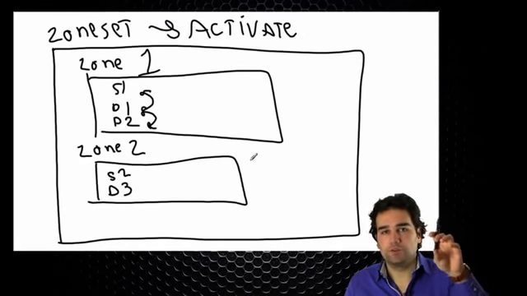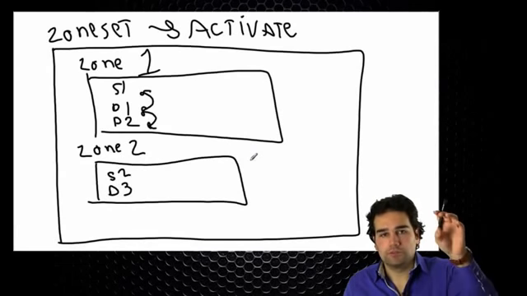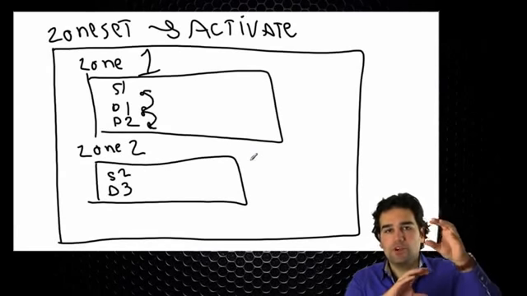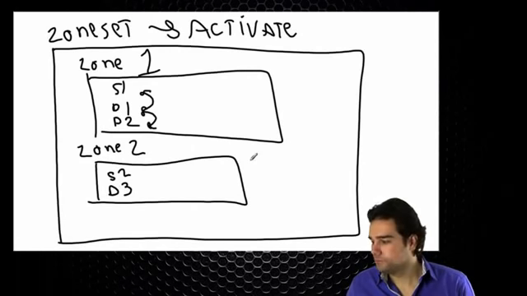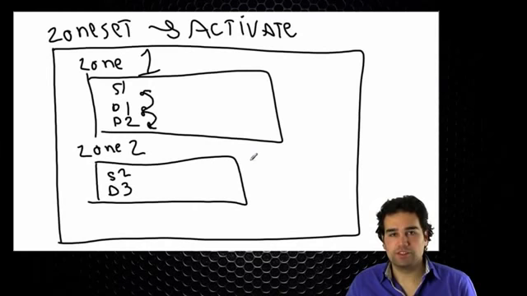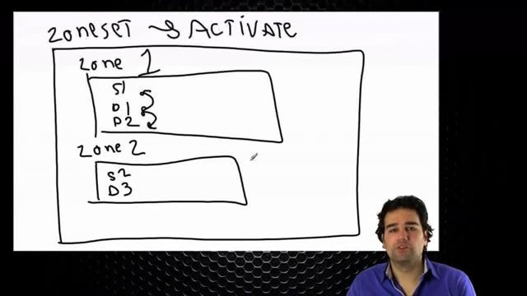So server 1, disk 1; server 1, disk 2; server 1, disk 3. All different zones, to be very strict in the access control that I do. Same counts for disks. Everything can exist multiple times as long as they are in different zones, because every time I'm allowing a different entry, right? Every time it's a different access list entry.